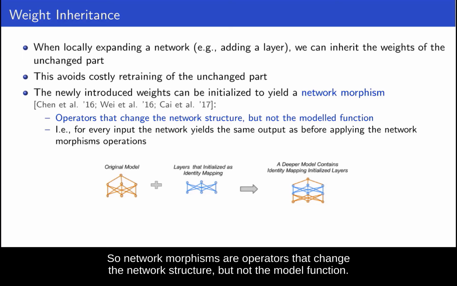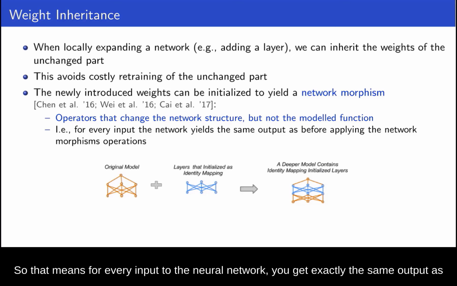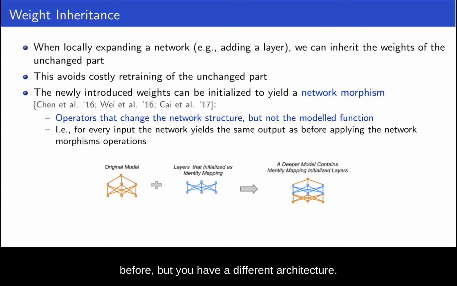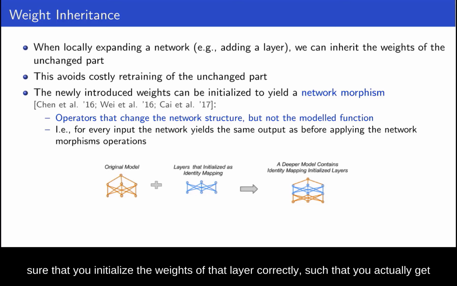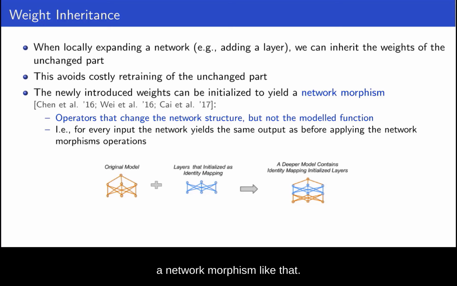So network morphisms are operators that change the network structure, but not the model function. That means for every input to the neural network, you get exactly the same output as before, but you have a different architecture. One way of doing that, for example, by adding a layer, you do need to make sure that you initialize the weights of that layer correctly, such that you actually get a network morphism like that.